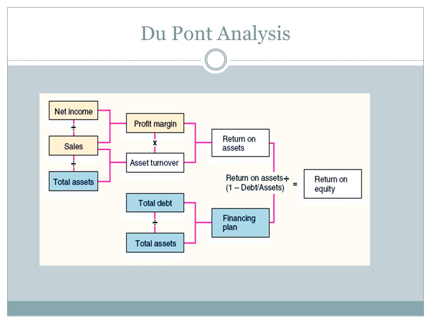If we multiply asset turnover by the profit margin, we get return on assets. Then return on assets divided by 1 minus debt divided by total assets gives us return on equity. So this is a very good tool for you to learn the relationship between different profitability ratios, and it is easy to do the calculation.